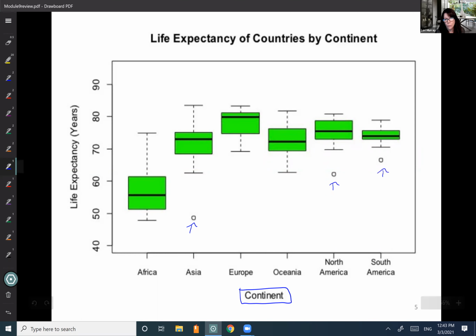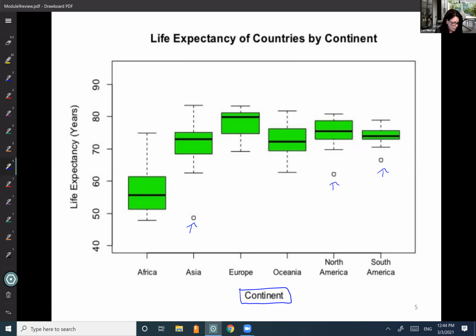And we can ask, are they different just by chance variation, the random variability in the data, or are they statistically significantly different?